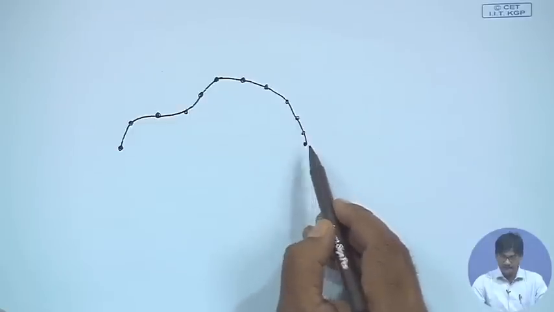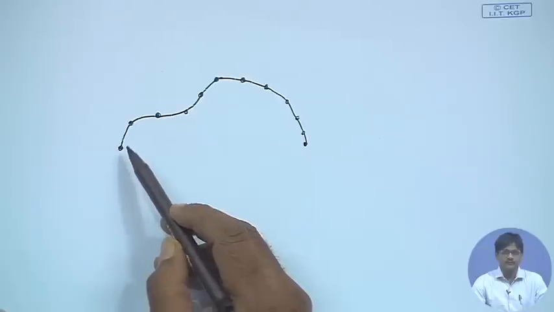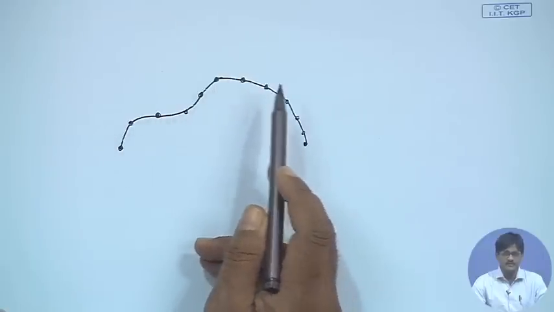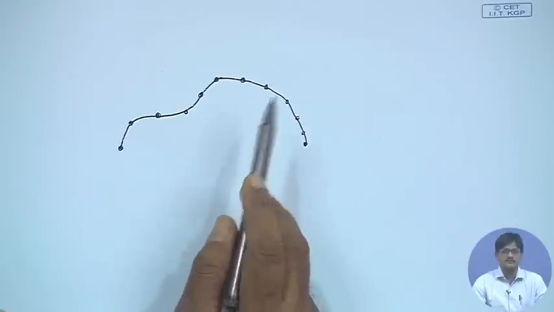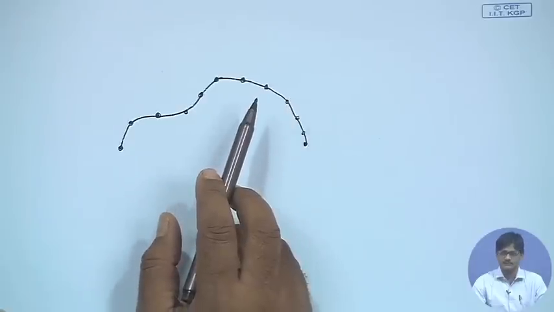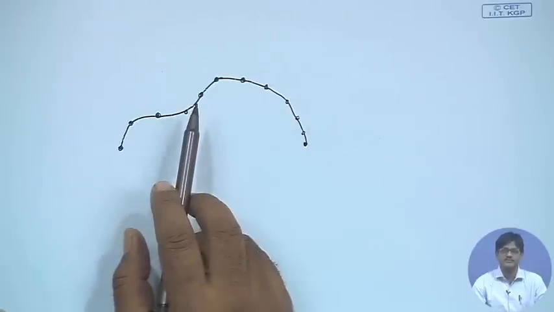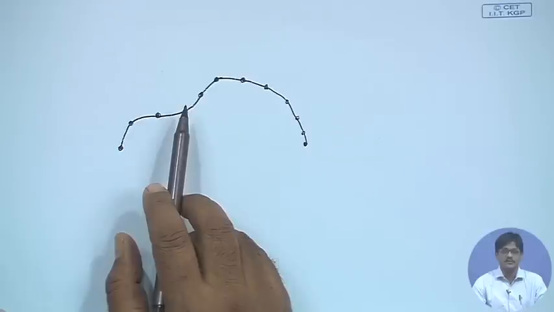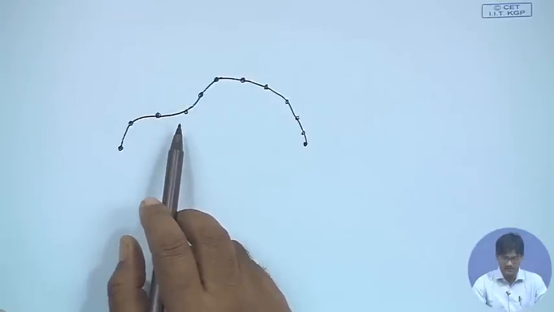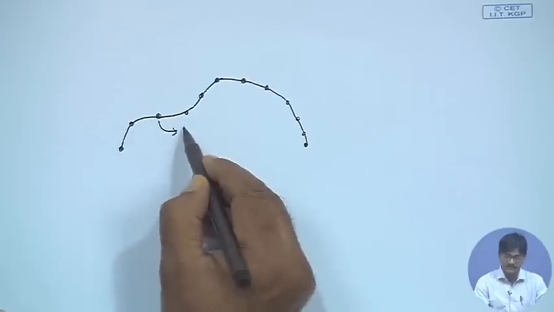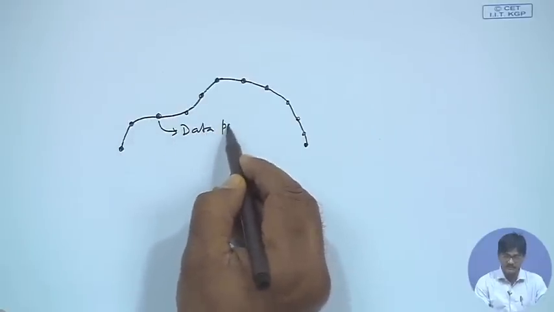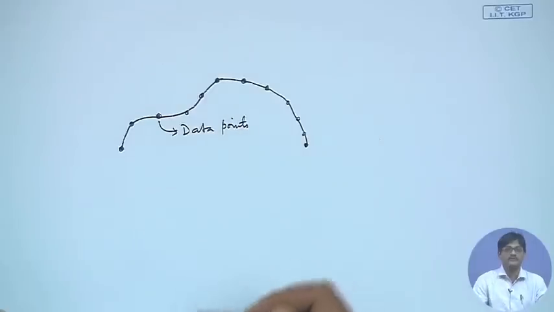If we have a Bezier curve of this type which passes through all the points, these cannot be the control points. Control points are points which control the surface, but they are not the points through which the surface or the curve necessarily has to pass. So, these we are calling data points.